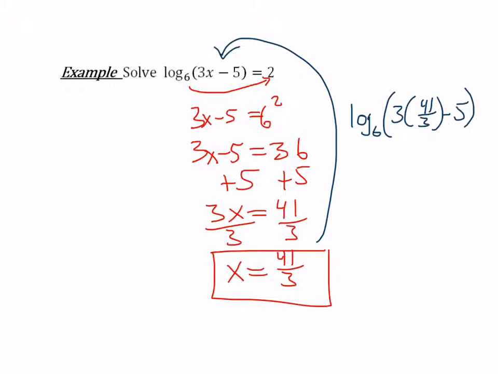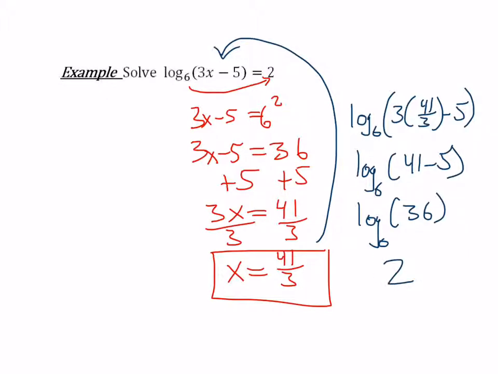The inside becomes 41 minus 5, so log base 6 of 36. We ask ourselves, what is the power we put on 6 to get 36? That power is 2. So this is equal to 2, and that's what we wanted. It checks out.